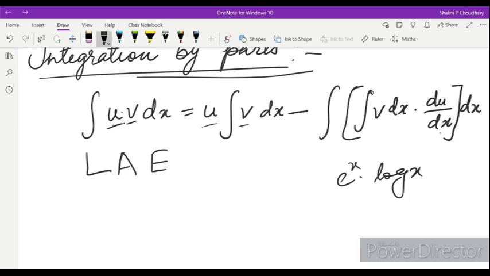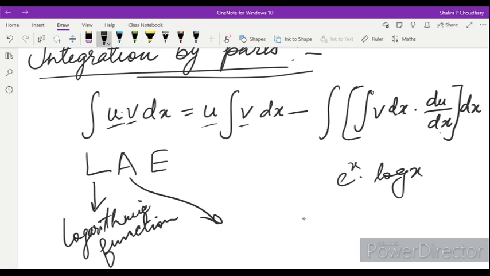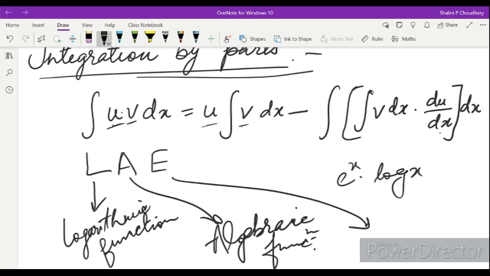See, first one LAE: L stands for logarithmic functions, A stands for algebraic functions, and E stands for exponential functions.